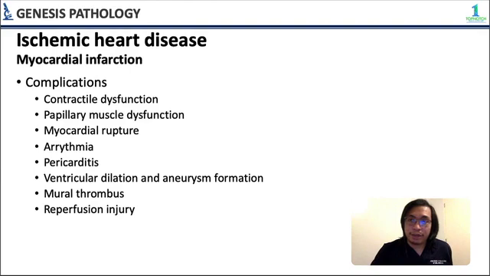Magkaroon ka ng myocardial infarction, mamatay yung heart tissue mo. So, yung patay na heart tissue, would that contract? Hindi, no? So, contractile dysfunction. And that will eventually lead to heart failure. Okay? Papillary muscle dysfunction, no? Papillary muscle, yun yung muscle na nakadikit sa iyong valves. Siyempre, it's still supplied by your arteries.